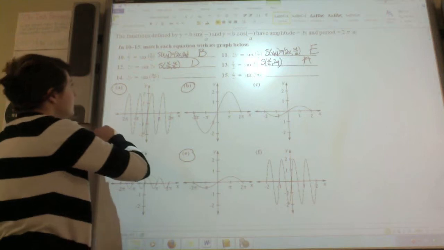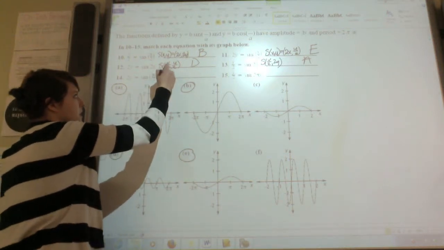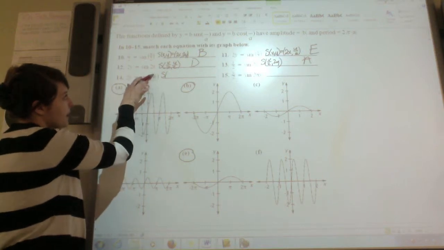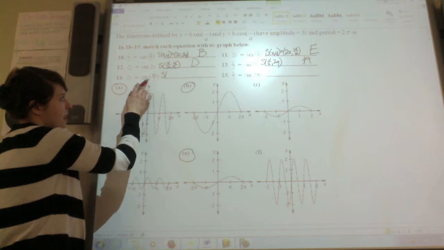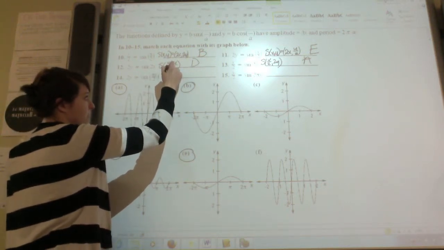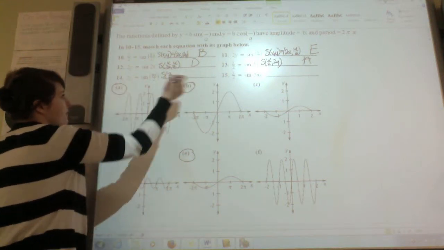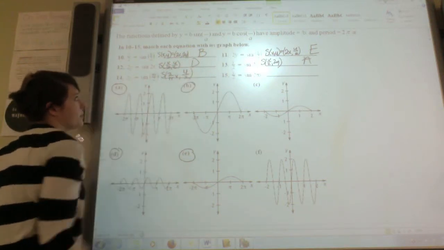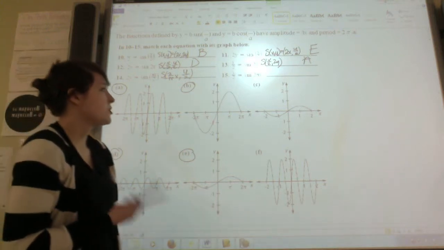Okay, my next one here. This one's a little bit tricky, because if I were to write my scale change, my x is being multiplied by pi over 2. So the opposite of that would be to multiply by 2 over pi. And my y values would be divided by 2. Normally, my period is 2 pi.